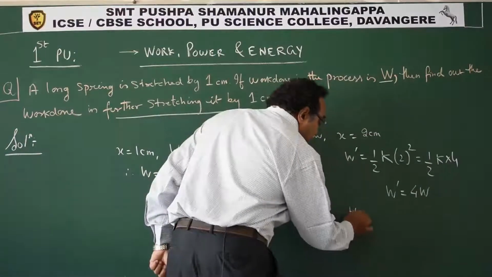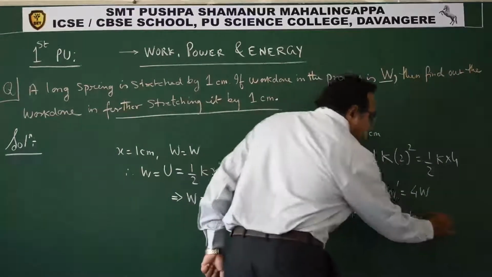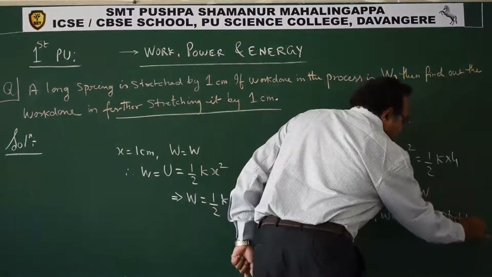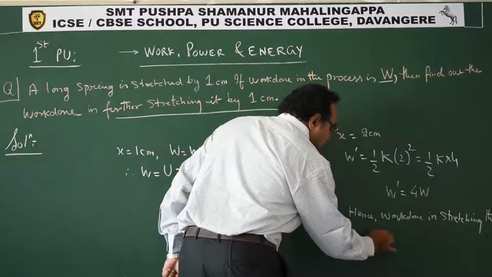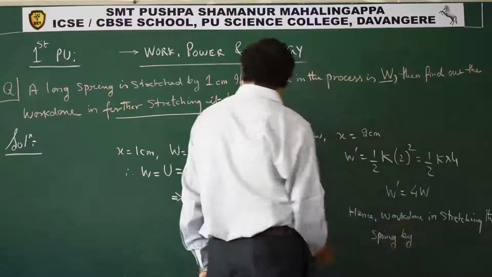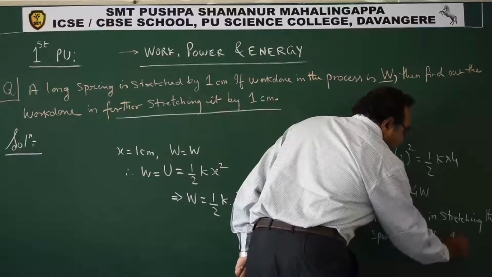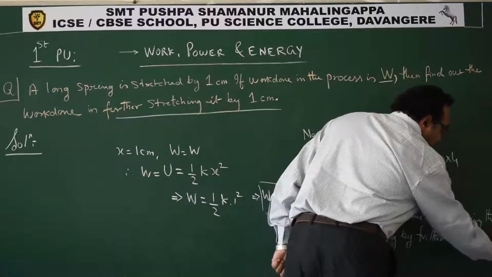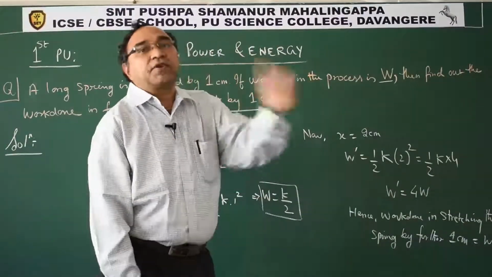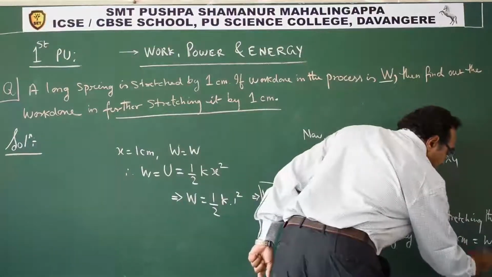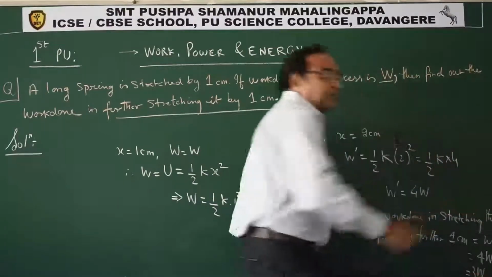So work done in stretching the spring by further 1 centimeter is W dash minus W. For 2 centimeter minus 1 centimeter. So this gives us 4W minus W. So this is 3W. So the answer is 3W.